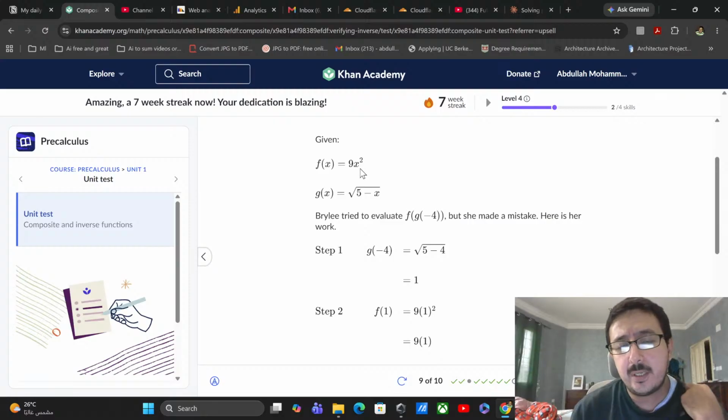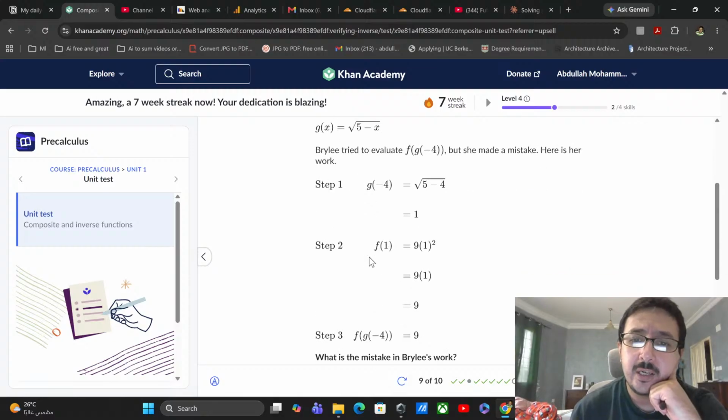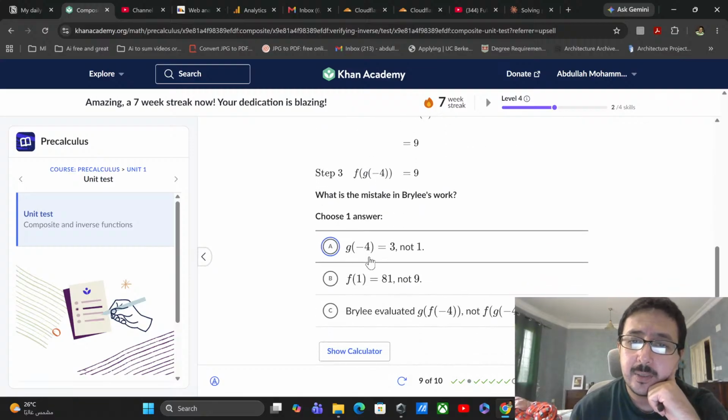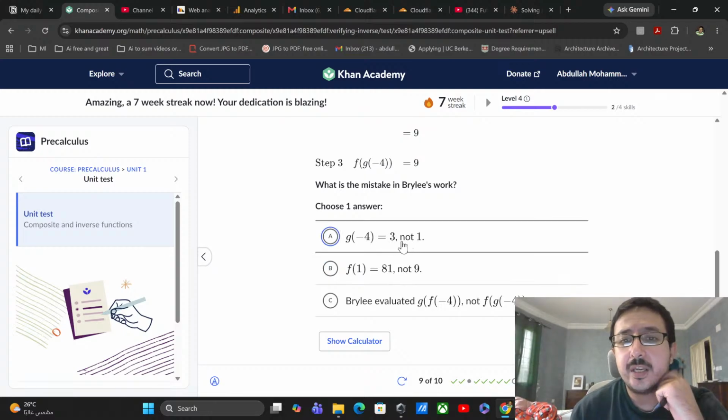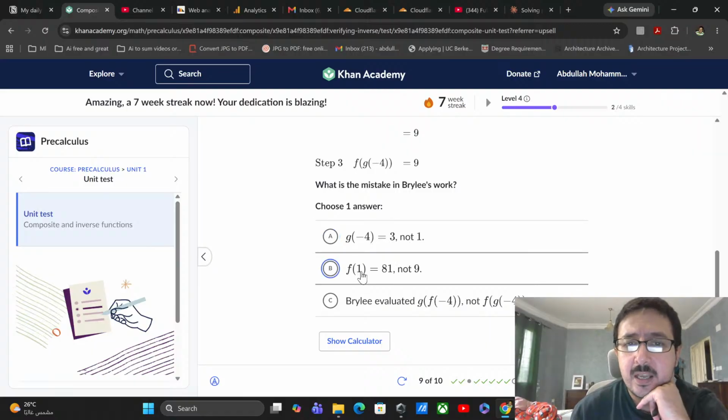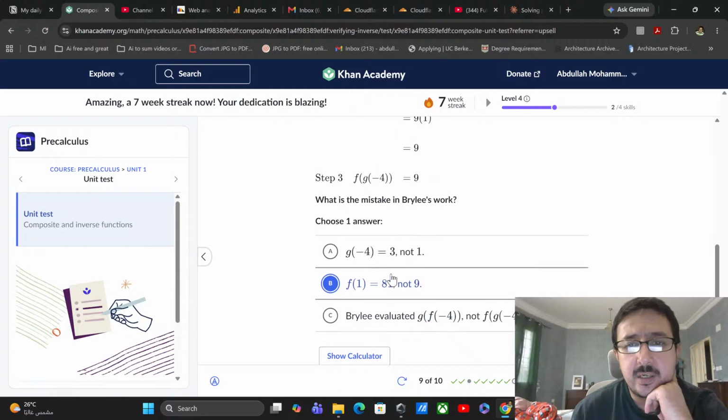That's gonna be, I don't know, 81. In 9, that's gonna be 81, not 9. 3, not 1. Nope. Barely evaluated, not if g minus 4, no. f(1) is 81, not 9.